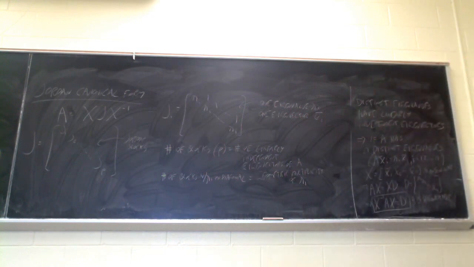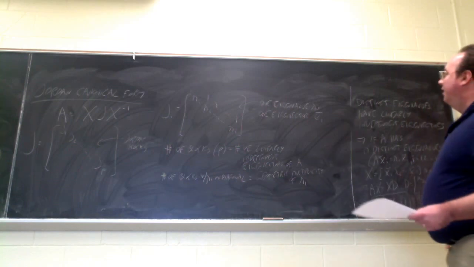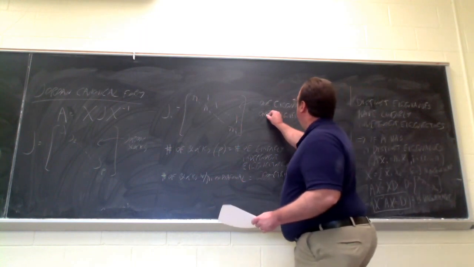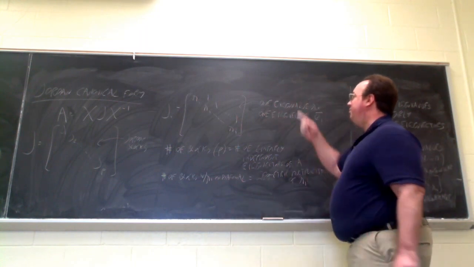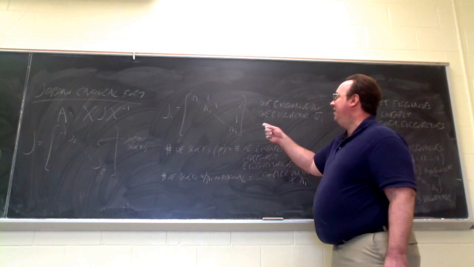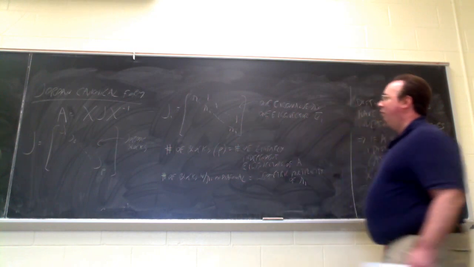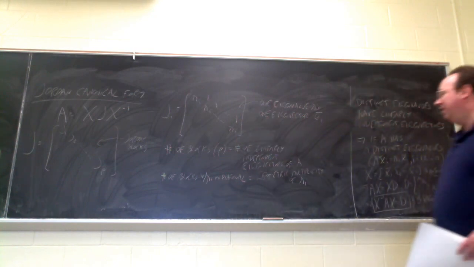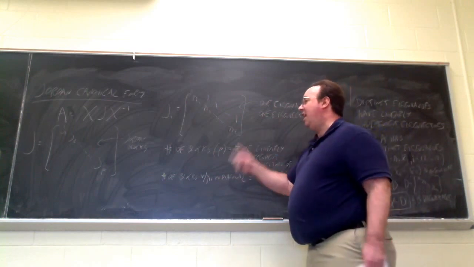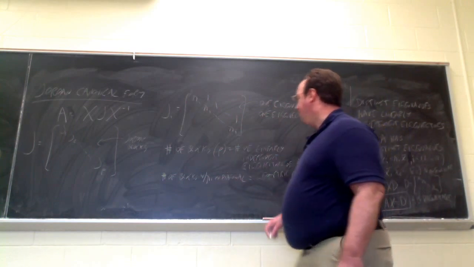Then to complete a basis you need what are called generalized eigenvectors, which I won't get into today. And then the algebraic multiplicity of this matrix, with one eigenvalue, is just the size of the matrix. So the number of blocks is the geometric multiplicity.